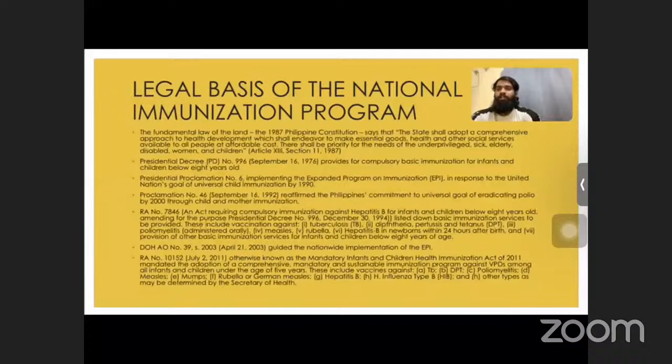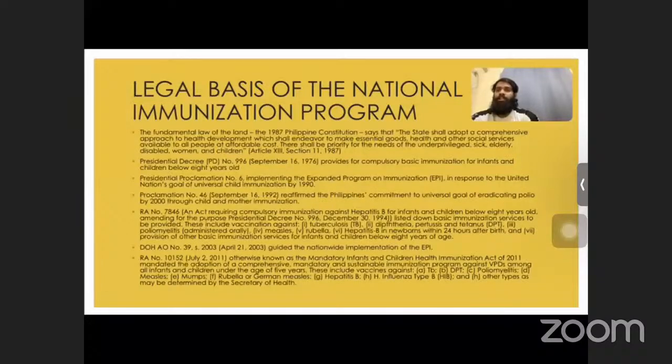Republic Act Number 7846, an act requiring compulsory immunization against hepatitis B for infants and children below 8 years old, amending for the purpose Presidential Decree Number 996, December 13, 1994, listed down basic immunization services to be provided.